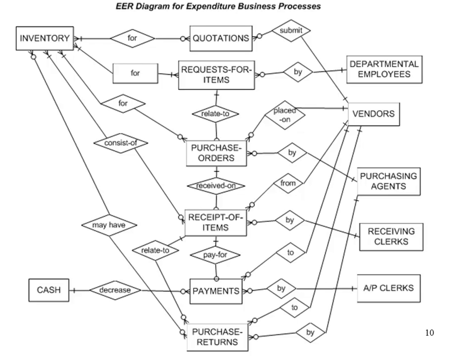Then, on the other hand, there is a direct link between purchase returns and purchasing agent, just like with vendors, where we had a direct link and an indirect link. Here we have the same with purchase returns and purchasing agent. We have a direct link, this one, and we have an indirect link from purchase returns to receipt of items, to purchase orders, to purchasing agent.